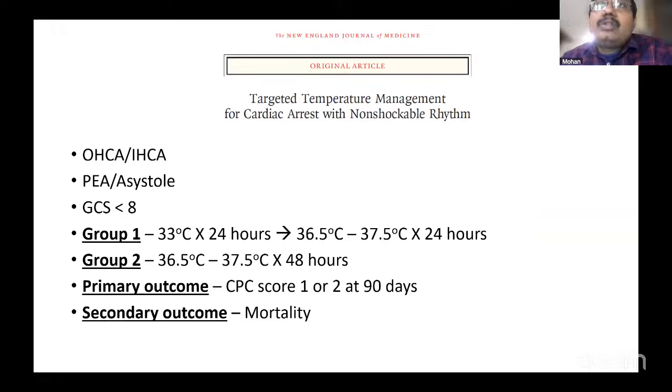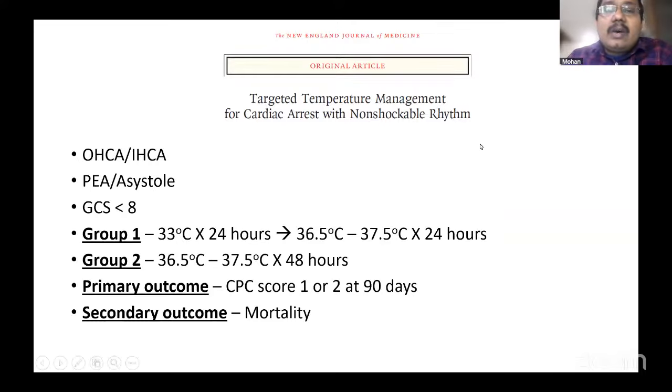So almost 3/4 of patients would have been shockable rhythm, or those trials which included non-shockable rhythms, at least 3/4 of the population would be shockable rhythm patients.